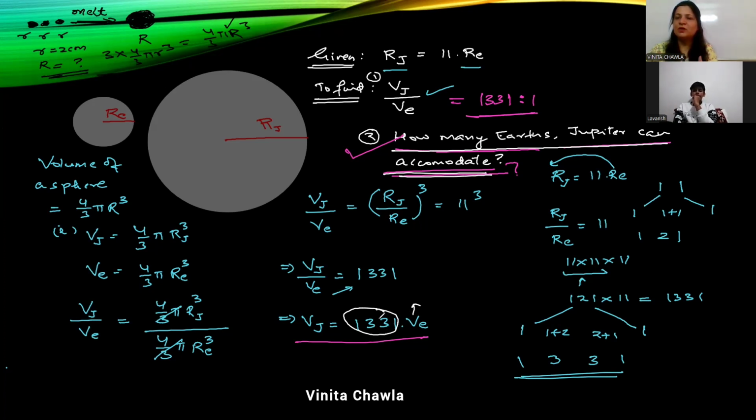Then how many Earths do we require to make a Jupiter? It's 1331 only. 1331 Earths are required to make Jupiter, or the planet Jupiter can accommodate 1331 Earths.